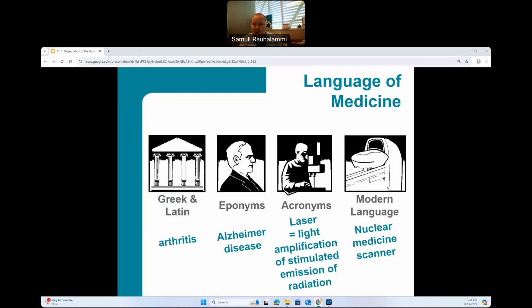We see a lot of abbreviations and acronyms also in the field of medicine being used, and then we have some terminology that originates from technological advances, for example, MRI, which we most think of immediately when we see that abbreviation, but it really stands for magnetic resonance imaging.